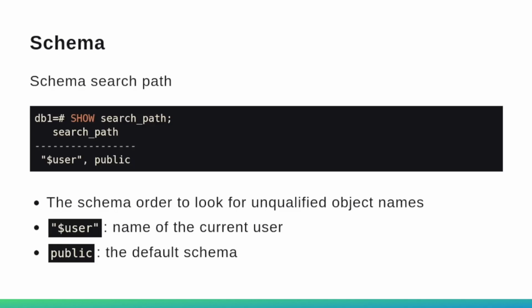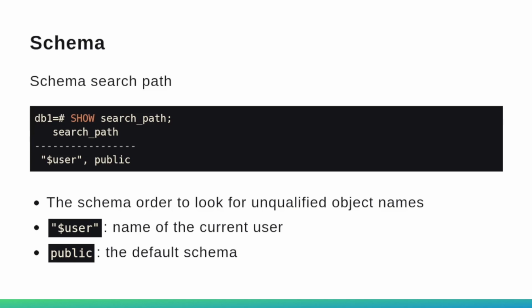So for that, the database has something called the search path, okay? So the search path is basically a list of schemas that the database would look for objects when we reference unqualified names, okay? So let's start by looking at the default search path. We can issue the command show search_path and we get a list of values.